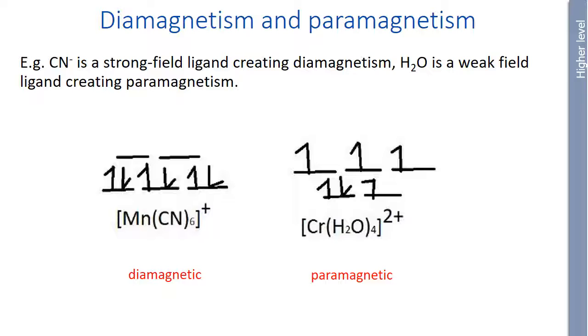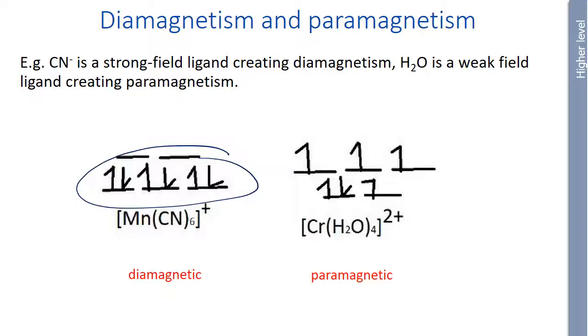That would be manganese 5+. The complex with cyanide is diamagnetic because all the electrons want to pair up in the lower energy suborbitals rather than move up into the higher energy suborbitals because of the large splitting due to the strong field ligand that is cyanide.